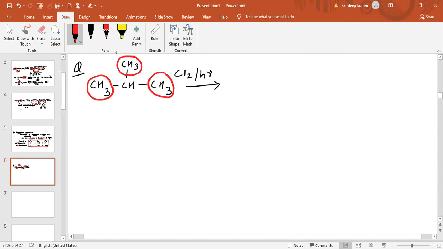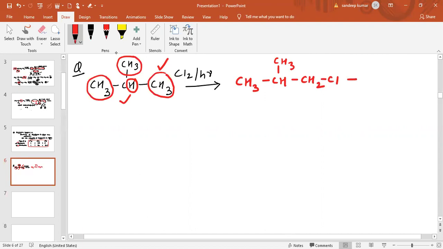So we can replace hydrogen by chlorine at this position or this position. These three positions are the same. When hydrogen is removed from this position and chlorine added, this is different. So basically two types of products are obtained. One is CH3CH(CH3)CH2Cl.